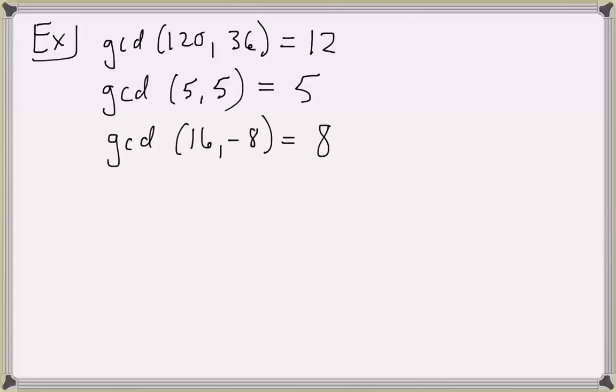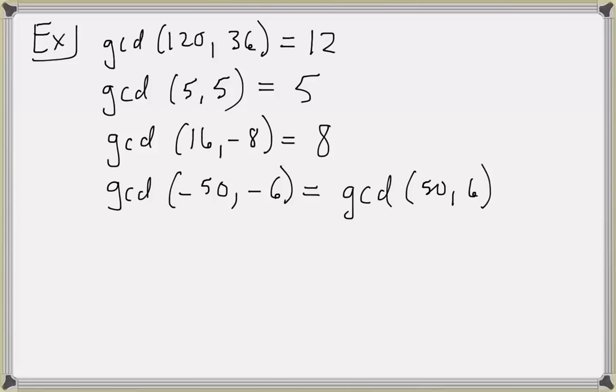So if you had two negative numbers, like the GCD of negative 50 and negative 6, it's probably easier, since we usually think about integers in a positive sense, to look at this as the GCD of 50 and 6. So what's the largest positive number that goes into 50 and 6? It's 2.